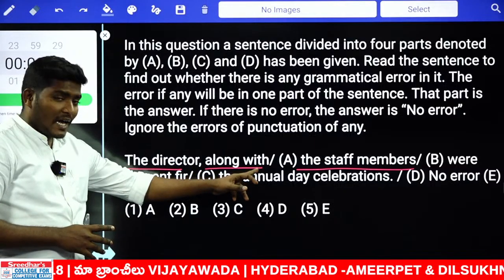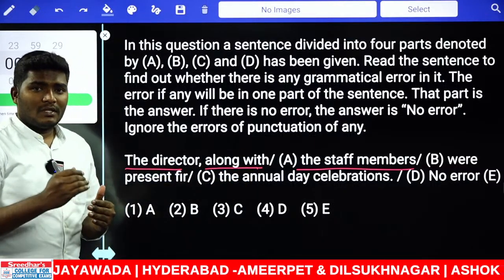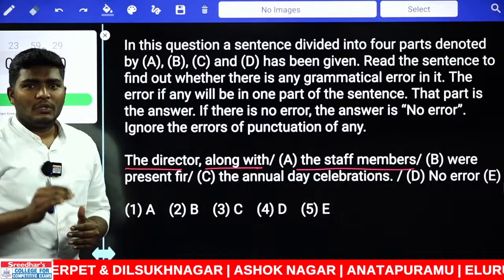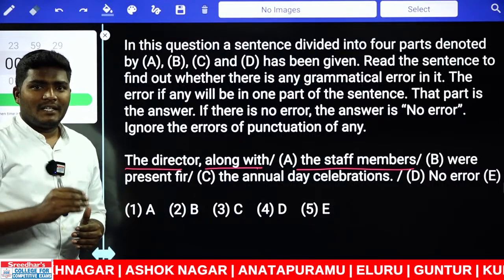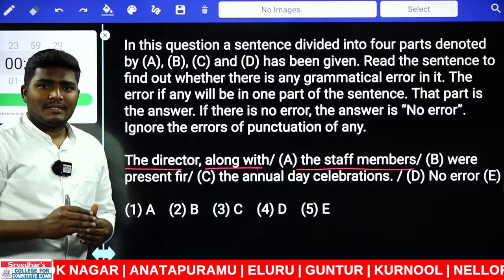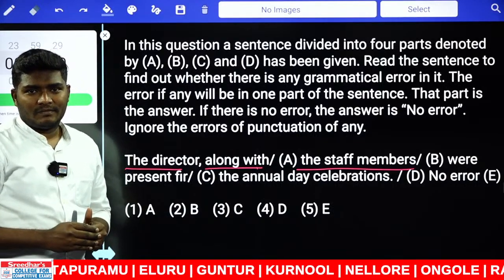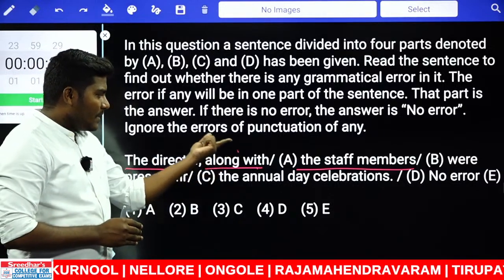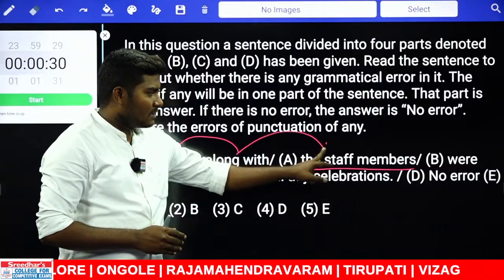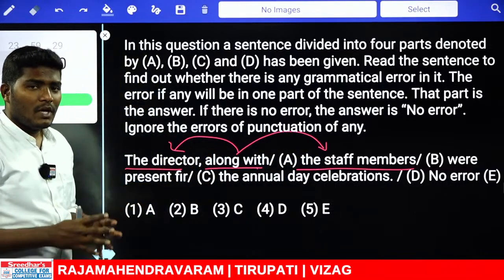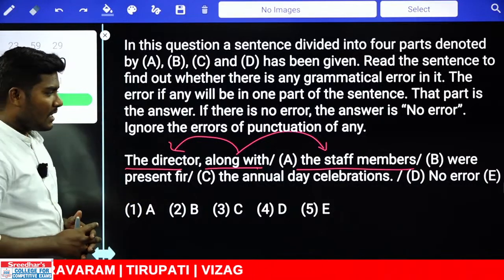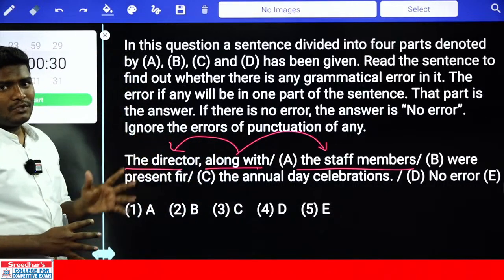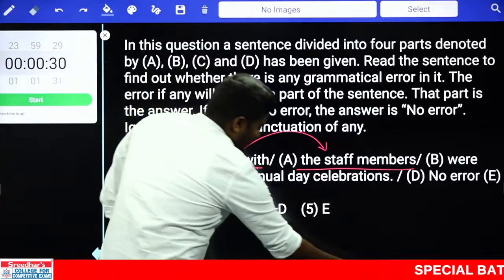The words along with, together, all together, as well as, besides, in addition to, like, dislike, but not, and not, except, including, not including: with these combinations, if there is a noun before them and a noun after them, on both sides, this is a concord rule. The verb, whatever we use, should agree with the noun in the beginning position of the sentence. So along with is used with the two nouns.